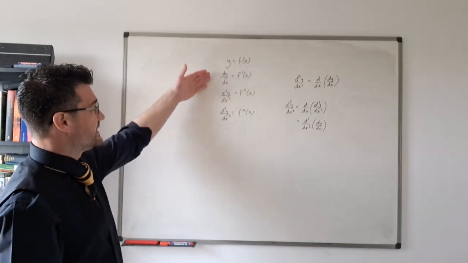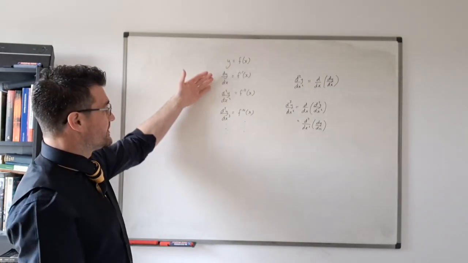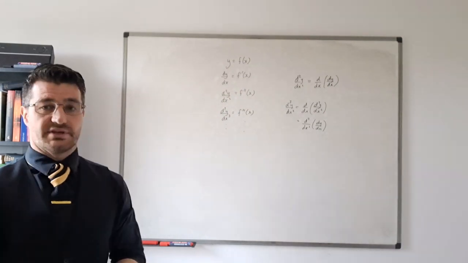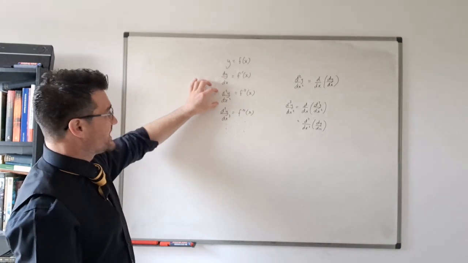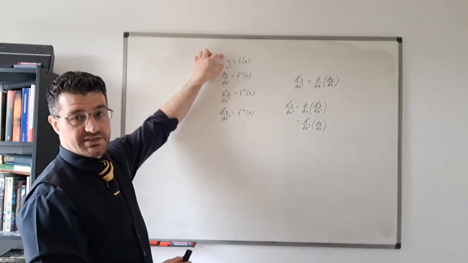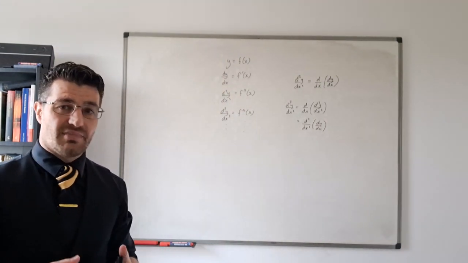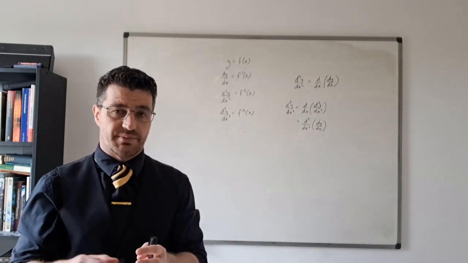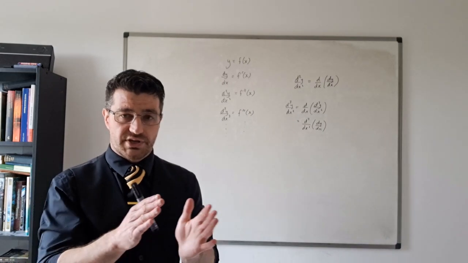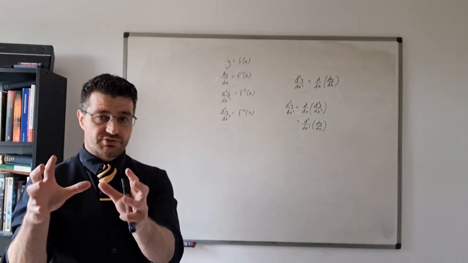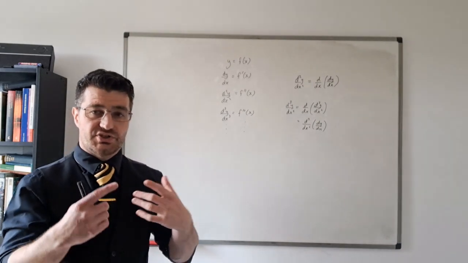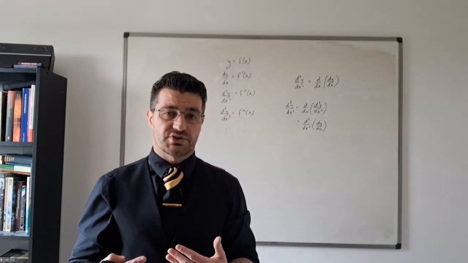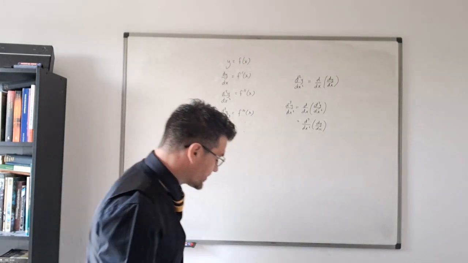Not only is there an algebraic relationship between all of these things, this is the second derivative of this, this is the first derivative of this, and so on, but the graph of this has some relationship to the graph of this. And it might not be terribly obvious at first glance what that relationship is, but if you follow the logic through and maybe couple those graphs up with algebraic expressions and how you understand them in an algebraic sense, then things become much clearer. So let's have a look at what I mean.